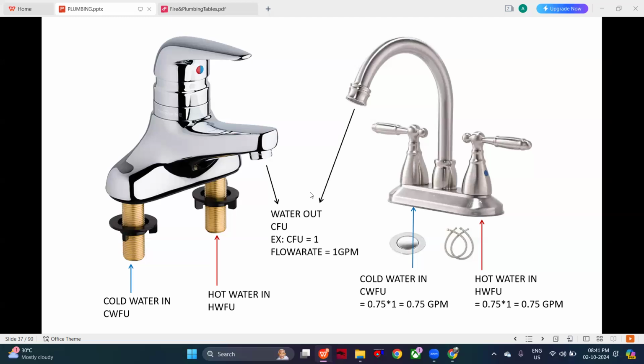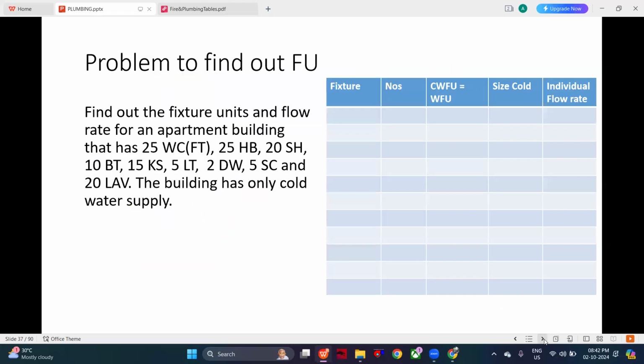Then the flow rate and the pressure will be according to that fixture unit. If we have two types of water, cold water and hot water, the GPM, the flow rate, and the pressure will be different. That's what this is saying. And you have to find.